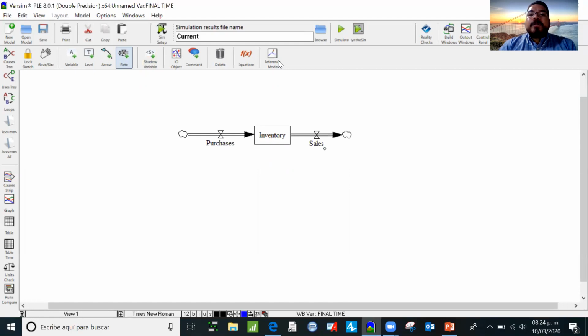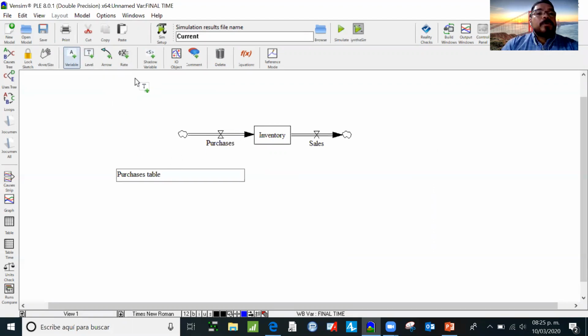So now we should establish more variables. We need to remember that we buy from our providers 100 units every 5 weeks. So we need to establish these situations in our purchases. First of all, we need to define two variables, one auxiliary variable that I'm going to name purchases table, and you're going to see why in a little bit.